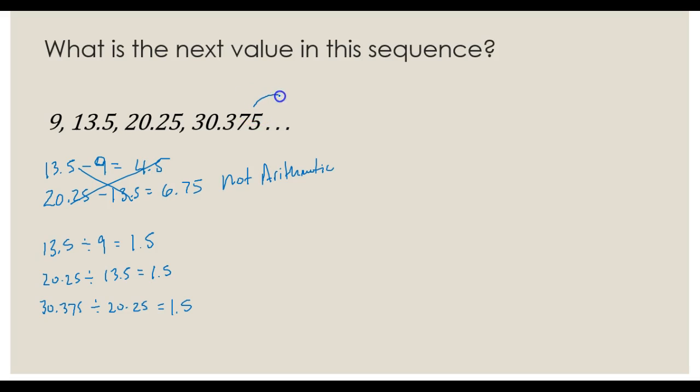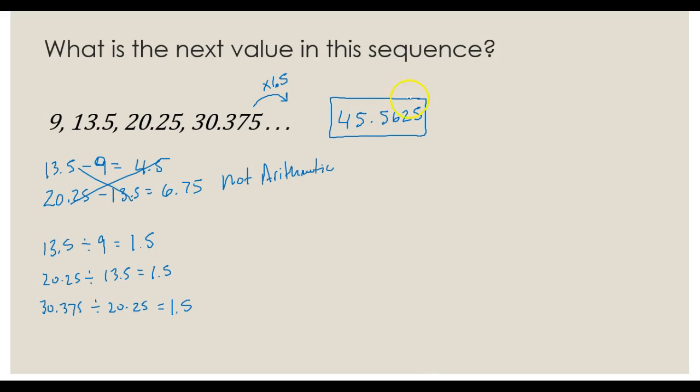That means that to get from one number to the next, we multiplied by 1.5. Which allows me then to go to the next number, because that's just going to be 30.375 times 1.5, the common ratio. So I'll type that in my calculator real quick. And I get 45.5625.